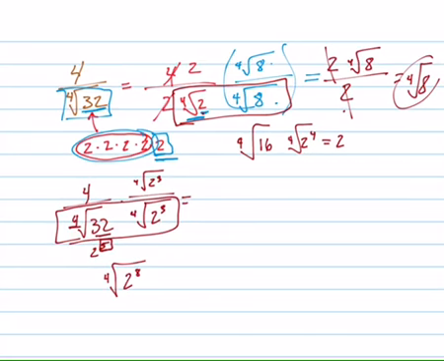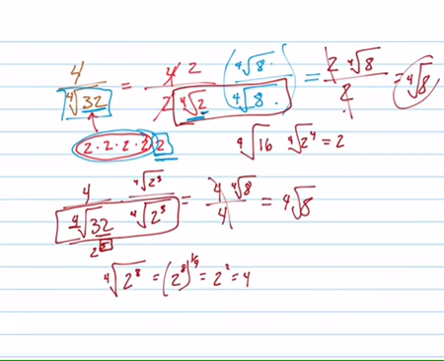That just means 2 to the 8th to the 1/4 power, which is 2 squared, or 4. So I would have written 4 over 4 times the 4th root of 8. Those cancel, and you get the 4th root of 8.